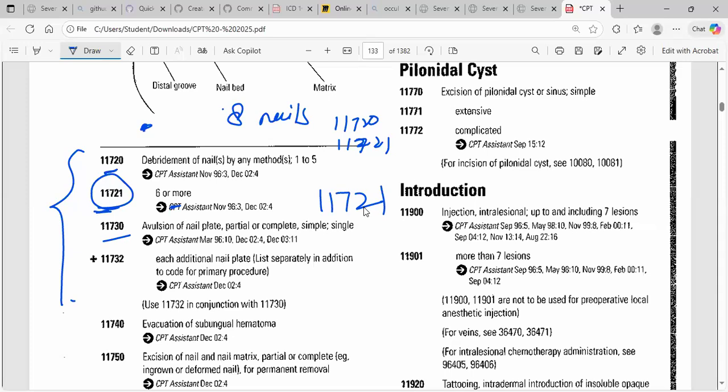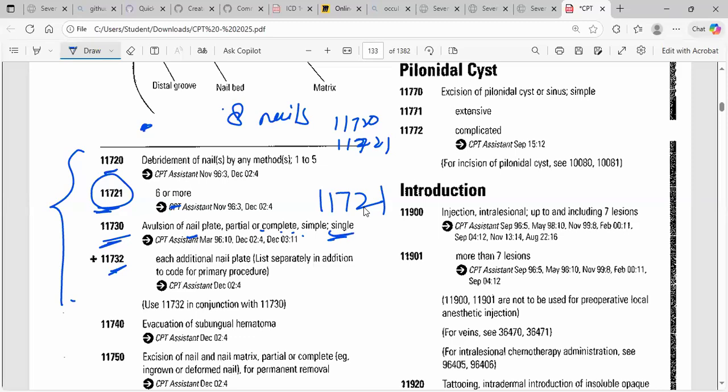Whenever the doctor is removing the nail completely, that means avulsion. So avulsion of nail plate, partial or complete. Whenever the doctor is removing a nail plate for a single lesion, 11730. For each additional nail plate, we are going to use 11732.